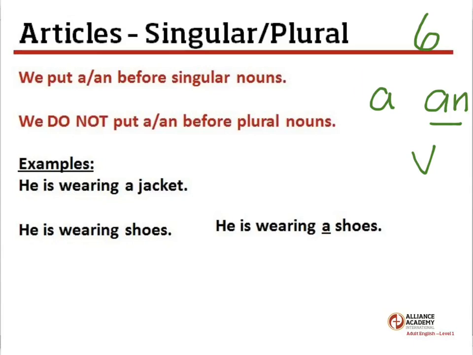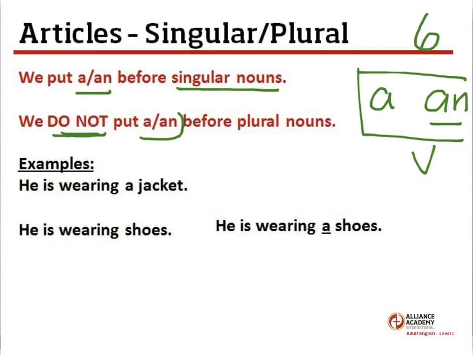And we need to use a and an correctly with singular or plural nouns. We only put a or an before singular nouns, not plural nouns. So we do not put a or an before plural nouns. We don't do it. Let's look at the example.